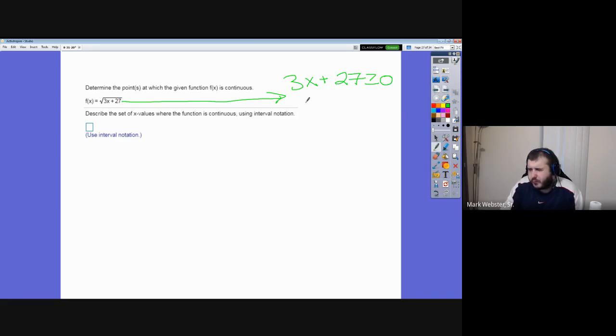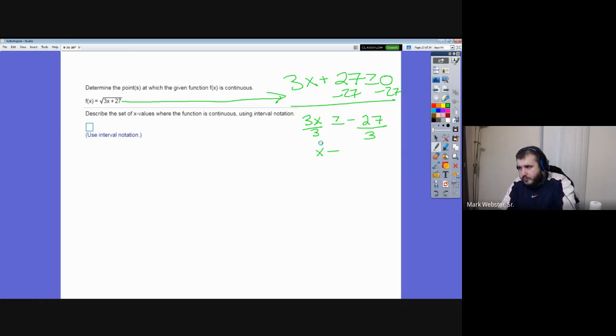And then we can just solve it, right? Subtract 27 from both sides. We get 3x is greater than or equal to negative 27. And we're going to divide both sides by 3. We're going to get x, not equals, is greater than or equal to negative 9.